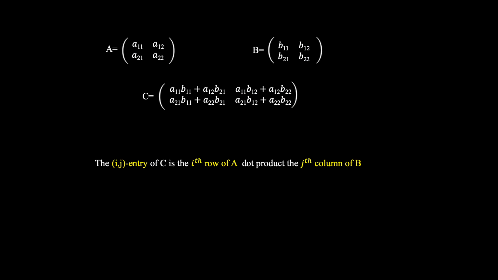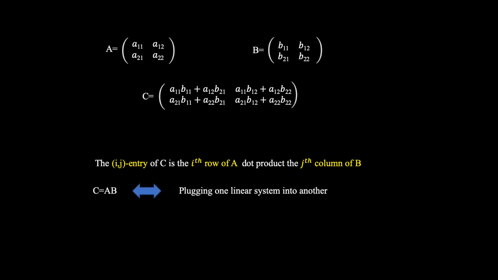So, yes, this has verified that the ij entry of C is the dot product of the ith row vector of A and the jth column vector of B, and C equals A times B.